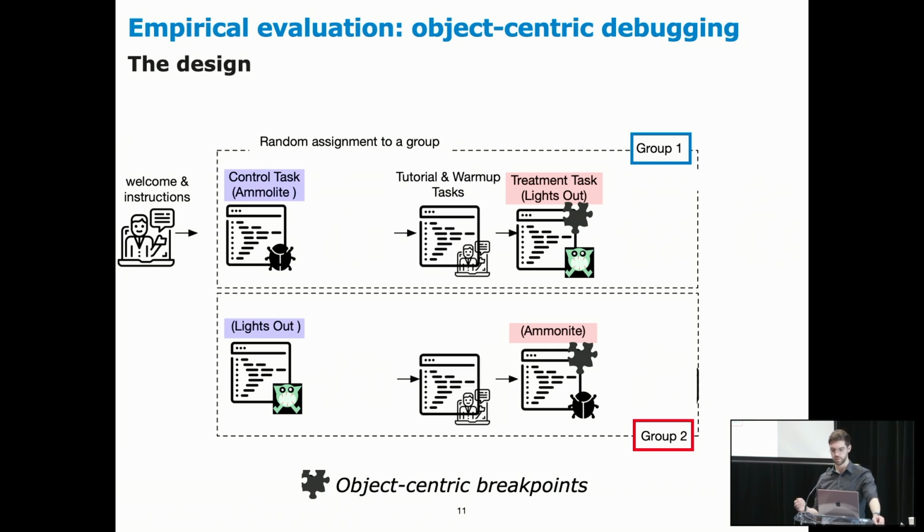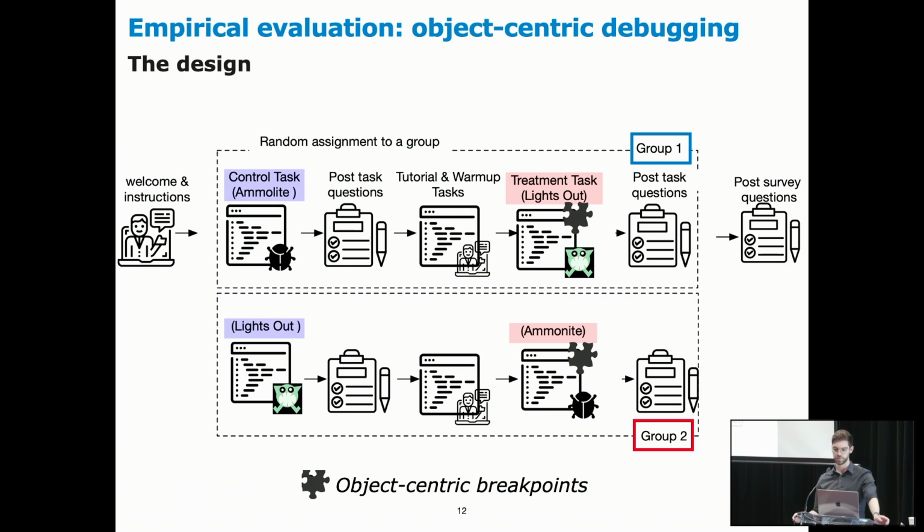In between those two tasks, we added a tutorial and some warm-up tasks to train our participants at using the object-centric breakpoints. And again, we added some surveys to ask qualitative questions to our participants to know if, according to them, the tasks were difficult or not, and how they found the tool useful or not.